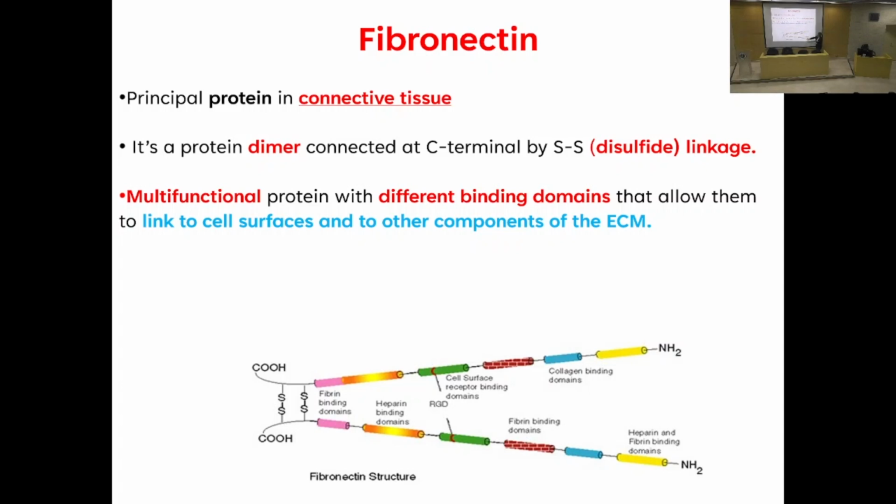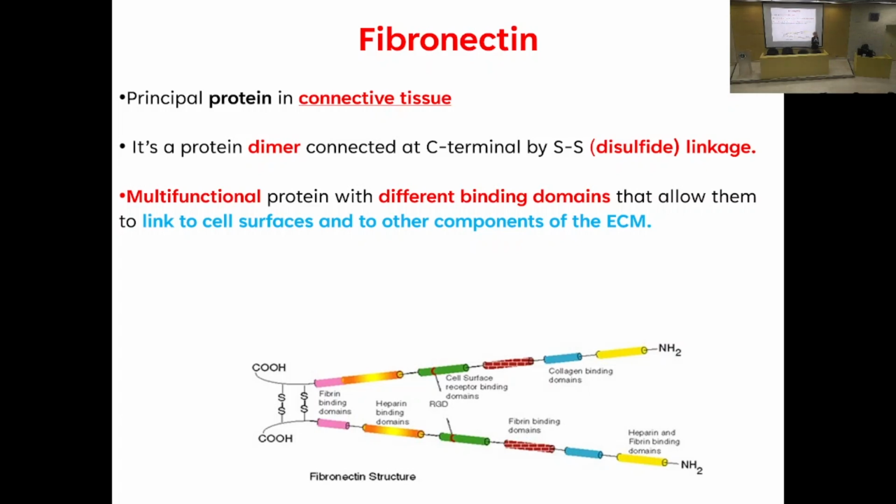As you can see here, they have multiple domains. A domain is a region in your protein, a sequence of amino acids. And all of these domains have functions. For example, this domain binds the fibrin. This domain binds the collagen. This domain is used as a cell surface receptor binding protein.